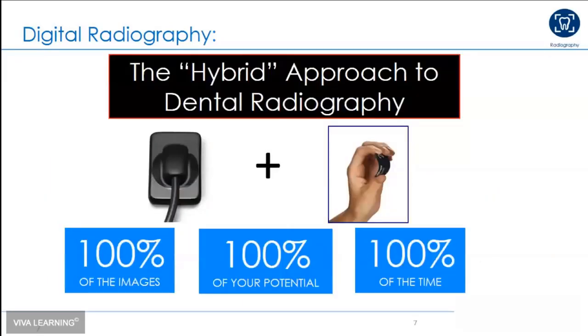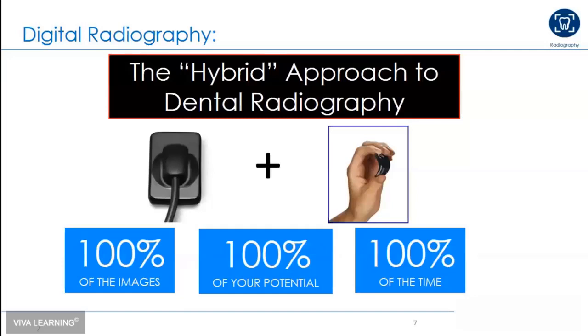So let's talk about this hybrid approach that I alluded to before. The hybrid approach here means that you can certainly use a rigid sensor, as you see on the left, for 100% of your images, or you can use, to the best of your potential, a combination of what you see on the right, which are the more flexible phosphor plates, and you will get perfection every time.